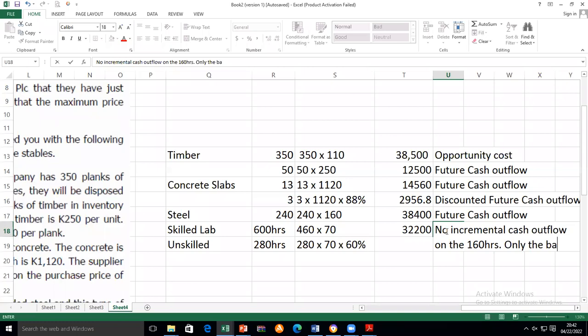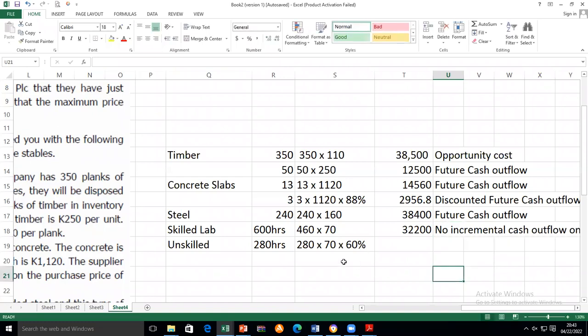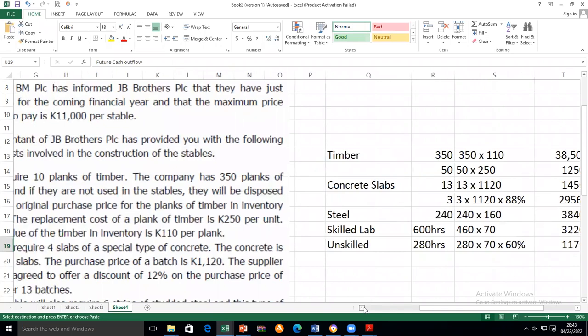Only the 460 have an outflow. Here, this is the future cash outflow. That's how much you're going to pay. We have to find these hours and pay for them. That's how much the company will pay.